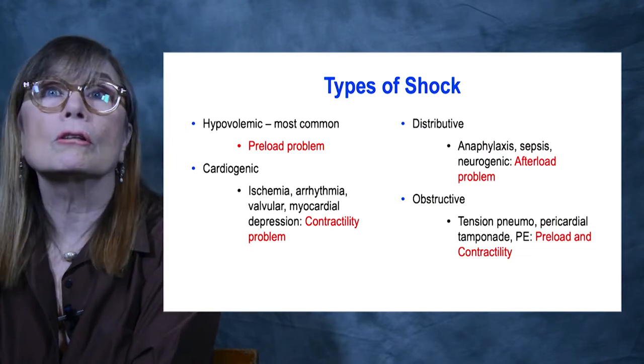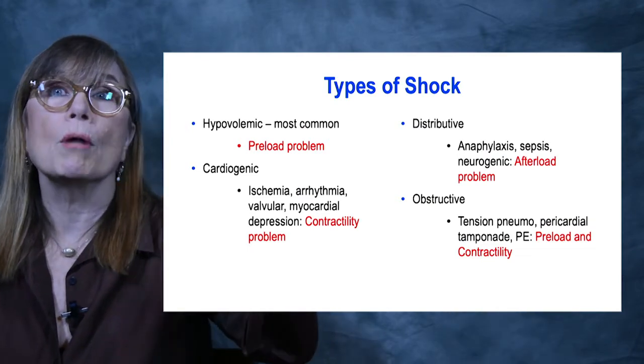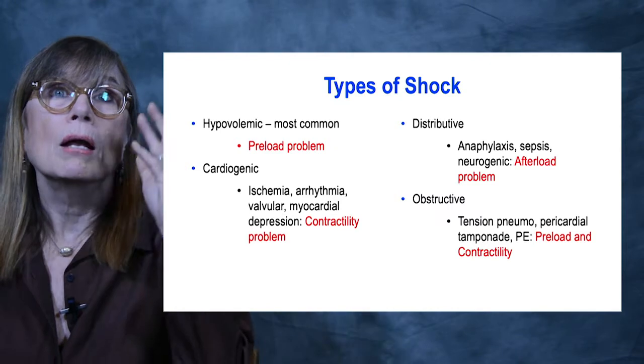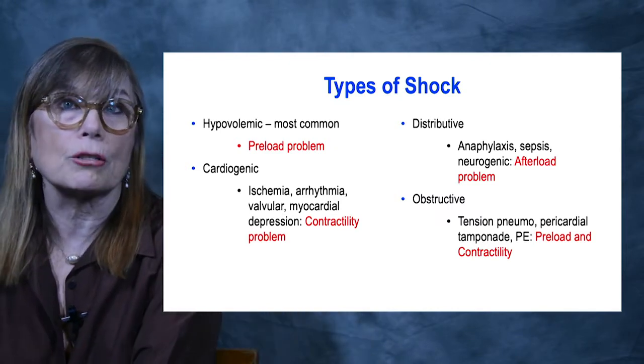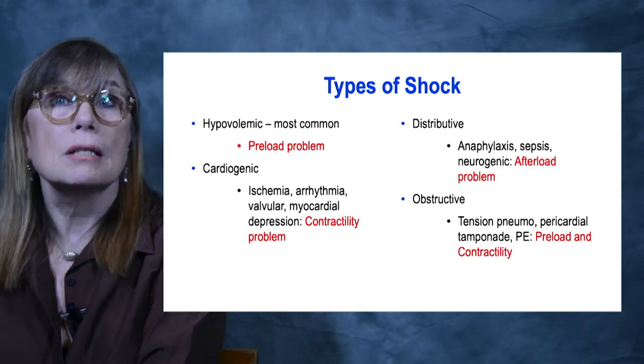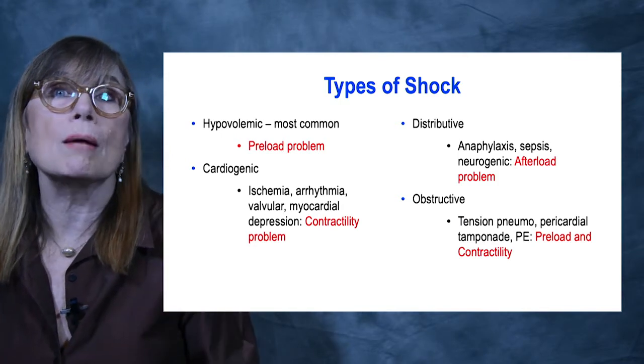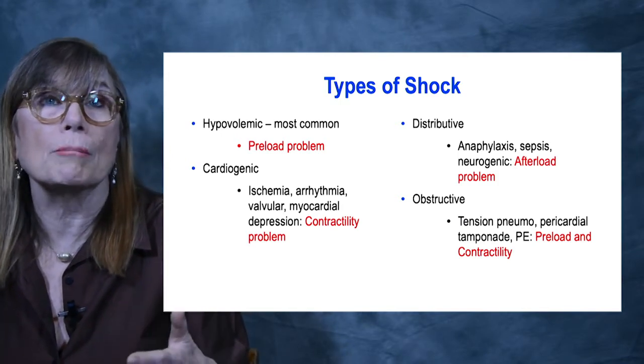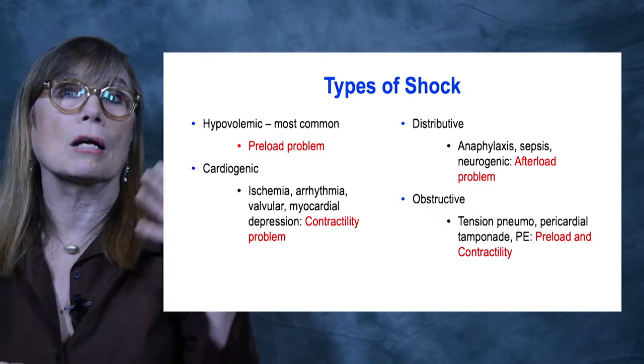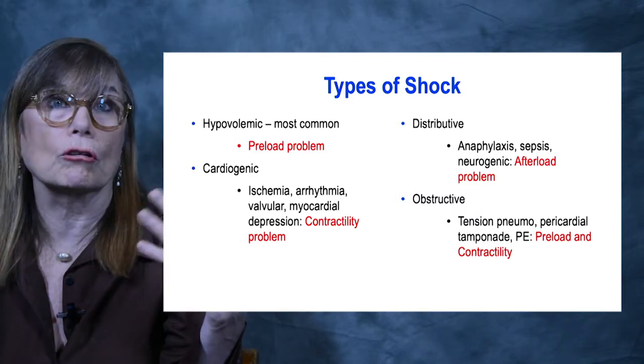So again, we look at those types of shock. Hypovolemic, most common shock, preload problem. Not enough volume, not enough stretch. Cardiogenic shock. This is a contractility problem from ischemia, from myocardial infarction, depression of the myocardium, stunning of the myocardium, dysrhythmias, or valvular dysfunction.